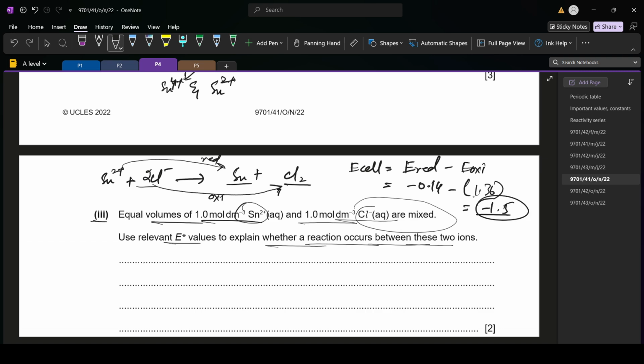So in total, you have an E cell of about negative 1.5, which is negative. So the reaction will not happen, because the E cell should be positive. Sorry, E cell should be positive.